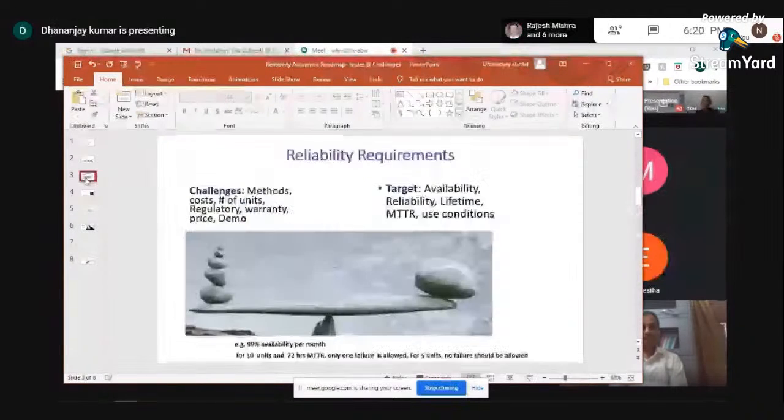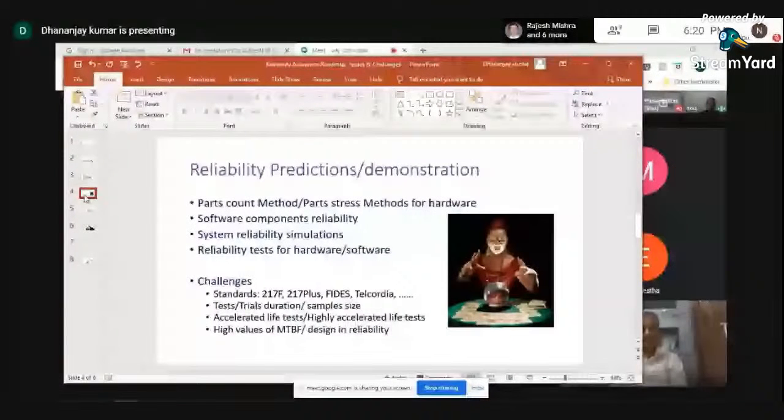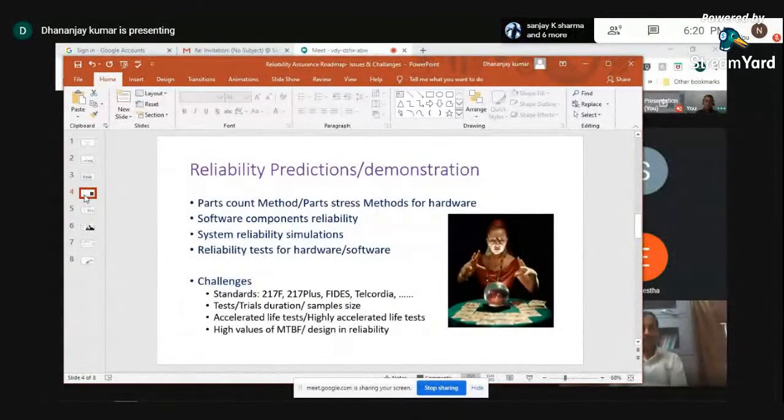We have gone through the requirements, then we come to the reliability prediction side. Before the product is ready to test or do anything, we put our efforts into predicting the reliability, and there are various methods of doing these predictions.